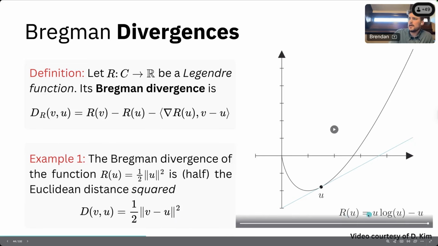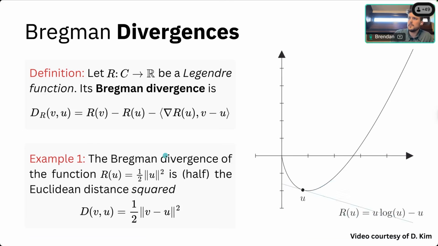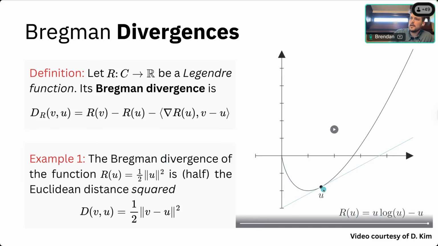So let's say that R is the Shannon entropy, and we want to compute the distance between U and a different point. If we vary U, we get a different tangent plane, and we can vary the point we want to measure the distance from, and the Bregman divergence is the distance away from the tangent plane.